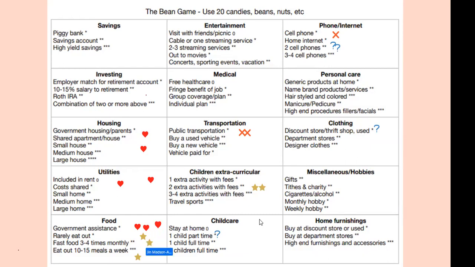But the bean game has been around a long time, so you might see things on there that are technology we don't use anymore. We don't usually have a home phone. There were some that were very laughable to me. I was like, what? Oh yeah, that used to be a household expense. Maybe it didn't have internet on some of the cards from the older versions of the game. So that was really fun.